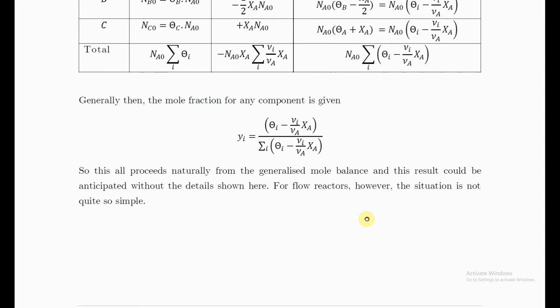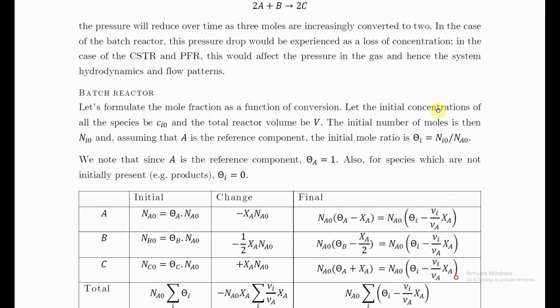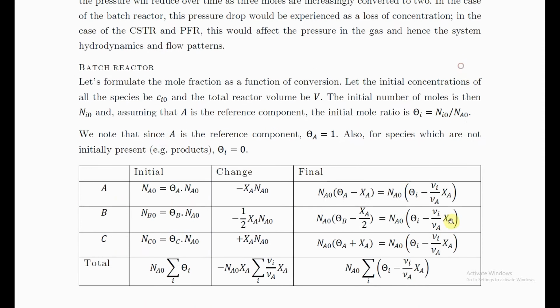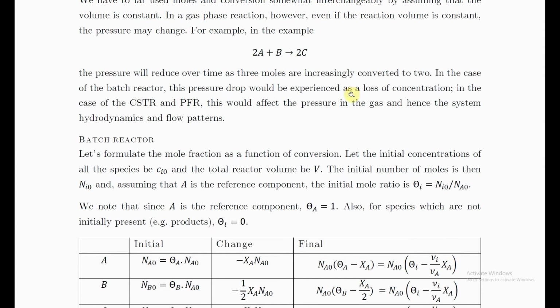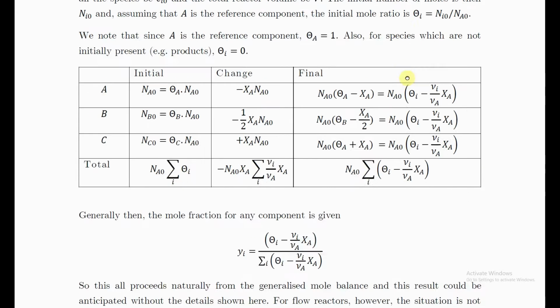And in fact, all this is more for the sake of practice, because you could, of course, have jumped straight to this result. You could have said, look, I have faith in my general expression here. Nothing that we've said about this batch reactor, even in terms of pressure, influences anything there.